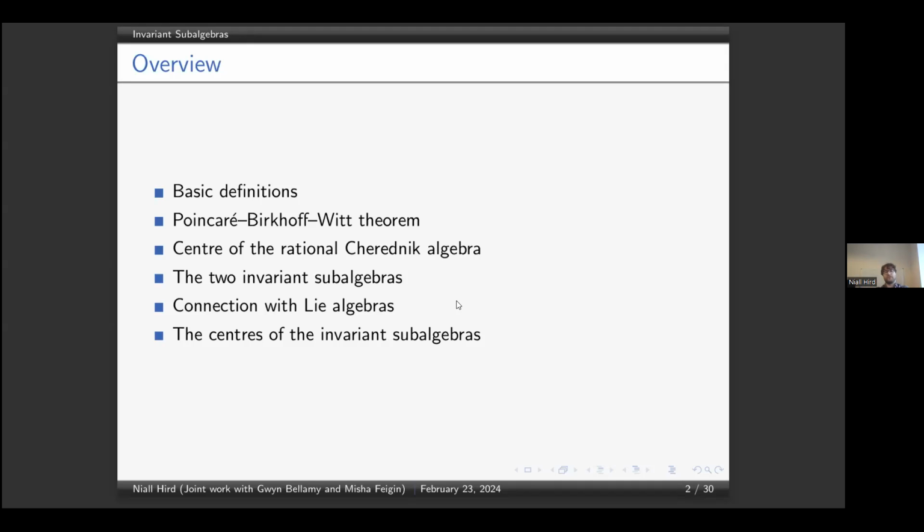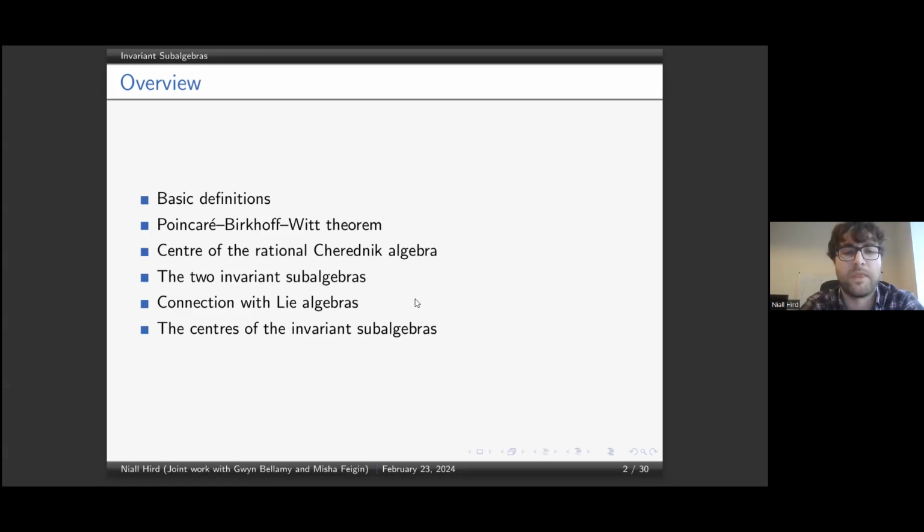Right, so an overview of the talk. I'll begin with just some basic definitions. First of all, the rational Cherednik algebra, because I presume some of you haven't seen that before. Also the associated graded of an algebra, which I guess more people are probably familiar with. Then we'll discuss the Poincare-Birkhoff-Witt theorem, which is one of the first theorems that you encounter when you study rational Cherednik algebras, and we'll see why it's relevant for us as well.